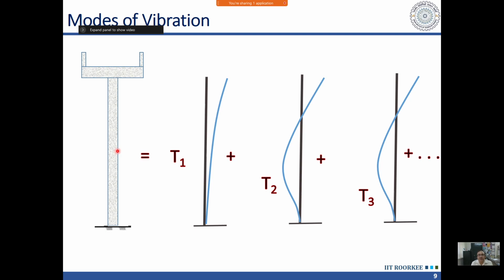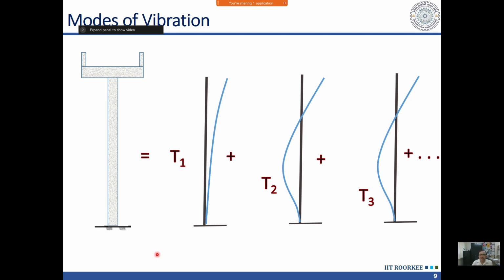But it has been seen that as we go for higher modes, the period is reducing, so the contribution of those modes in the response of the structure goes on reducing. So it is possible that we consider only a few modes. We need not consider all the modes. We consider only a few modes, and those few modes can give us reasonably accurate results.